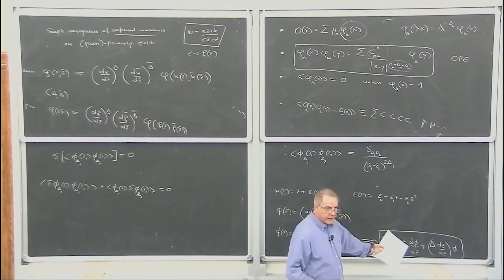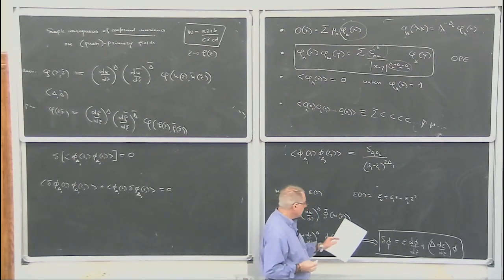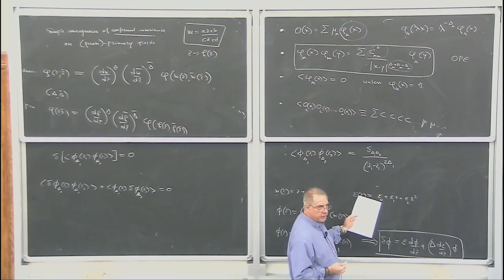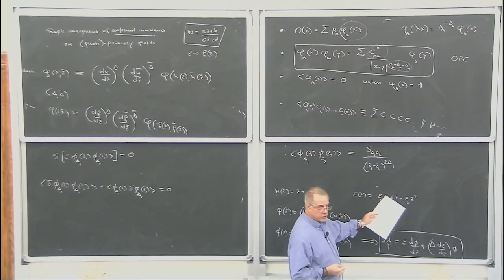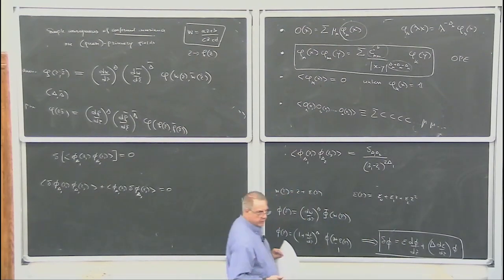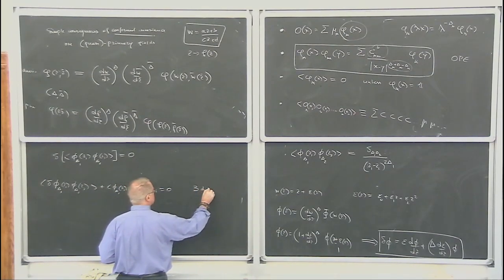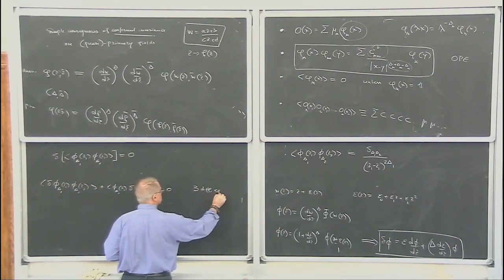So then I'm taking this definition, and I'm going to do one by one: epsilon 0 different from 0, epsilon 1, epsilon 2 equal to 0; epsilon 1 different from 0, epsilon 0, epsilon 2 equal to 0. I have three differential equations.